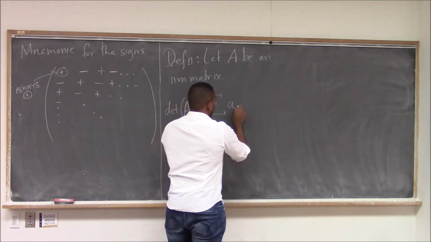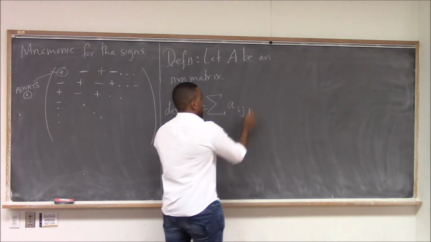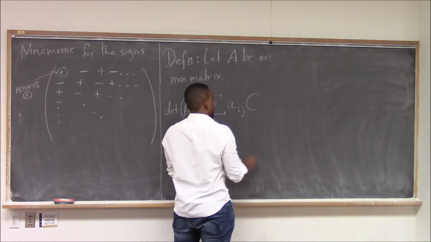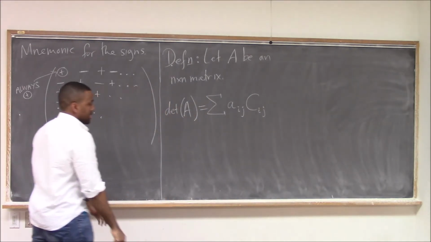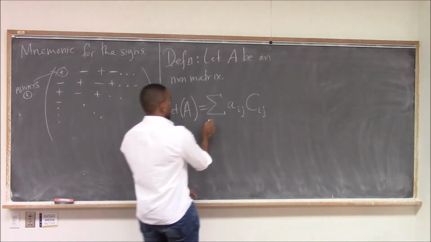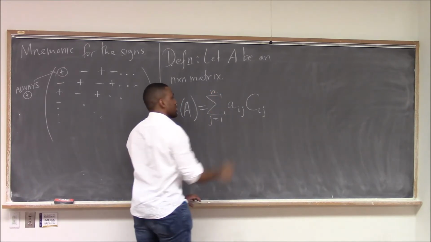Okay. So this is going to be the a_ij multiplied by the C_ij's, where j goes from 1 up to n.